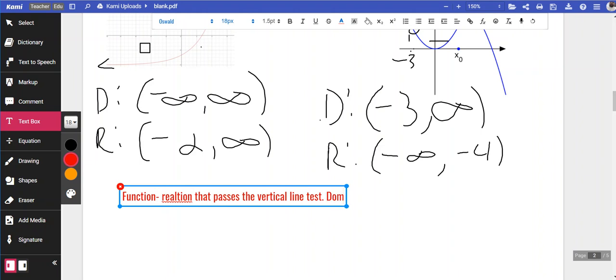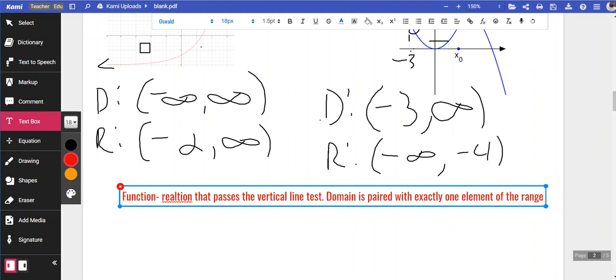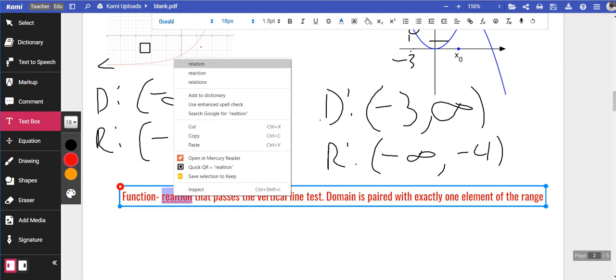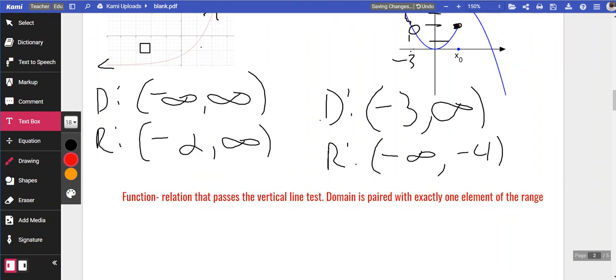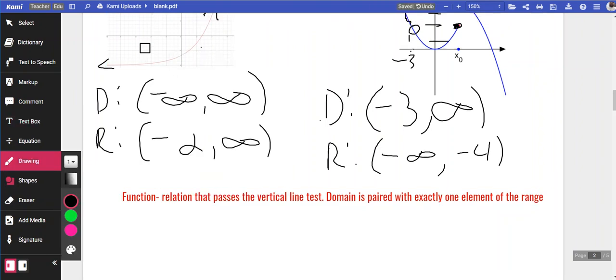The true definition is the domain is paired with exactly, I would underline exactly, one element of the range. So that's what a function is. A function is a relation that passes the vertical line test. The domain is paired with exactly one element of the range.